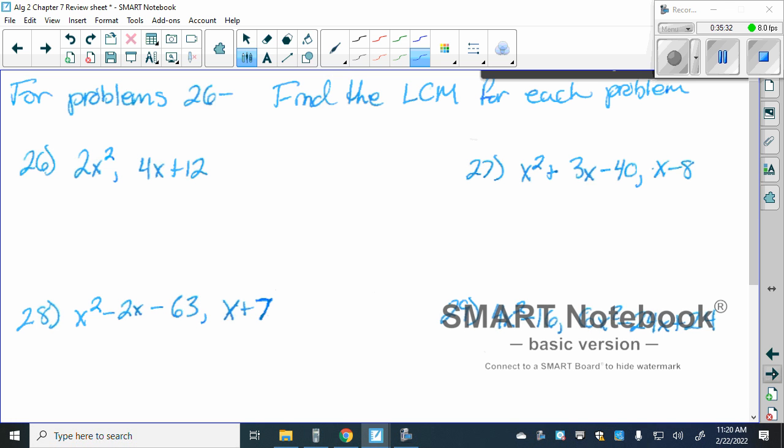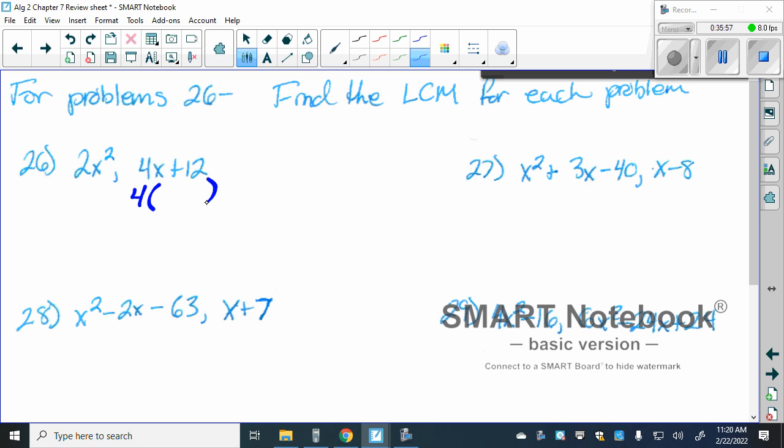Now, with any of this here, before we find what the least common multiple is, we need to make sure all the terms are as factored or as simplified as we possibly can. And for this here, 2x squared, that's as simplified as it gets. It's only one term. Now, the 4x plus 12 does have a greatest common factor of 4 that we can factor out. We can factor the 4 out of 4x and 12.